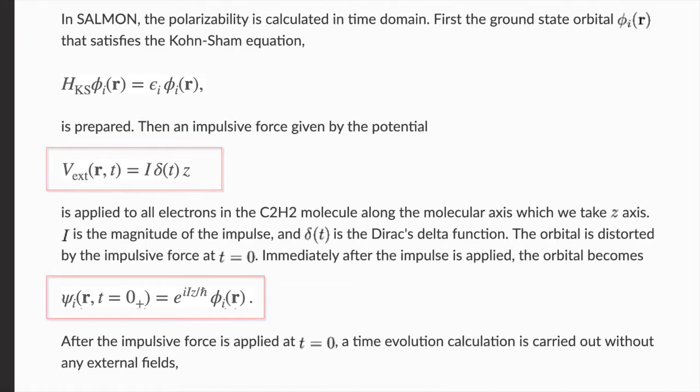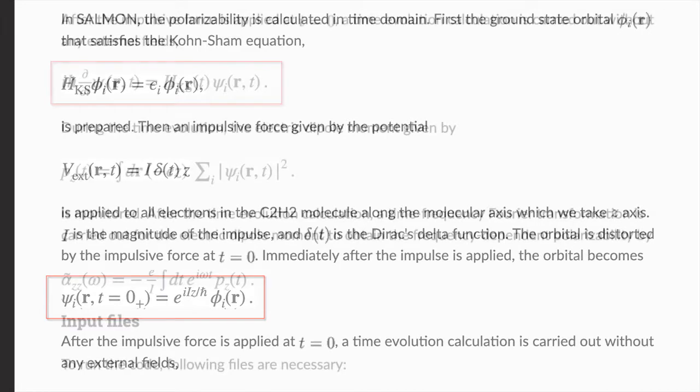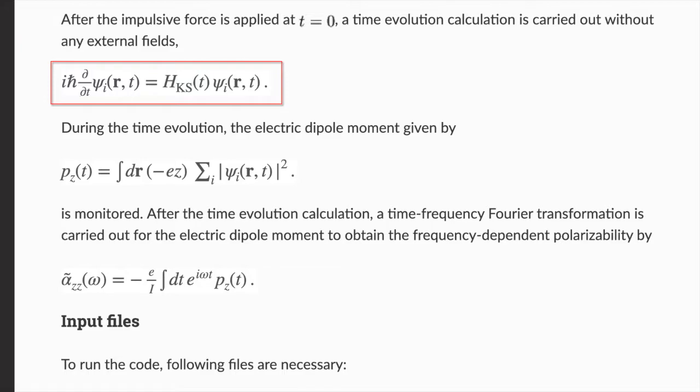The orbital function immediately after application of the impulsive force is the orbital function phi_i in its ground state multiplied by the plane wave exponential e^(iIz). Using this as the initial condition, the time-dependent Kohn-Sham equation is solved.